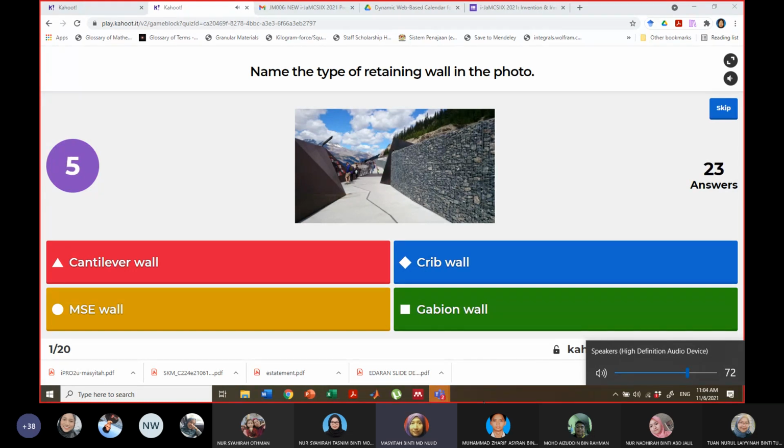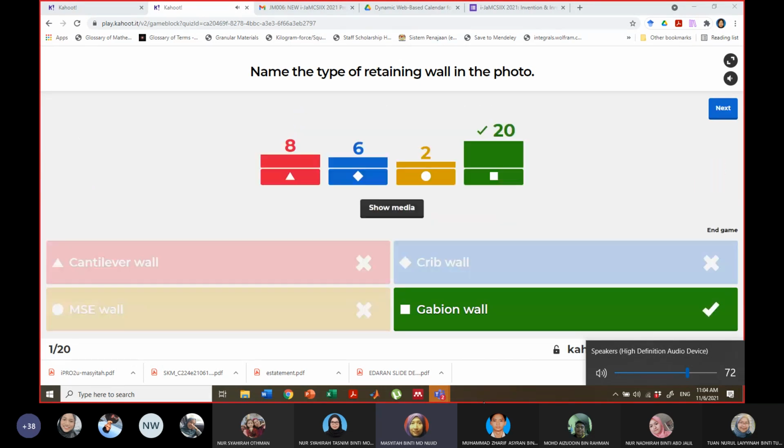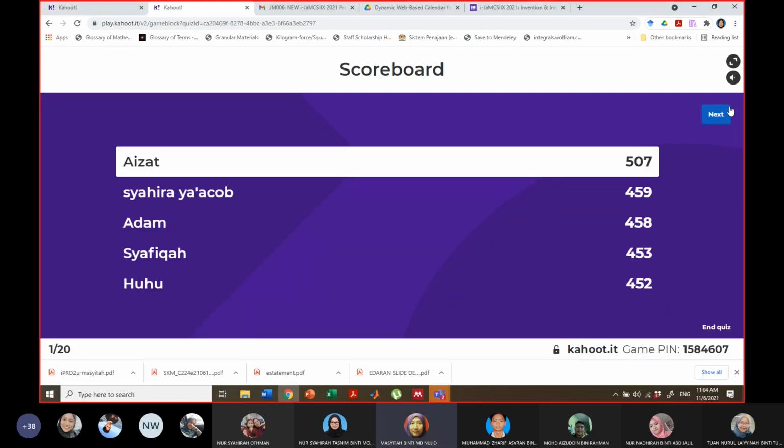How many seconds are left? How many of you got the right answer? It is gabion walls, so 20. You are still not familiar with the retaining wall types. Okay, the winner is Aizat. Good. Next, we have 20 questions.